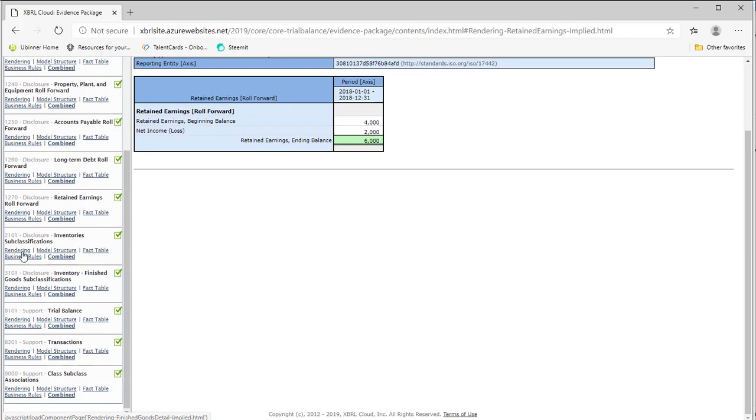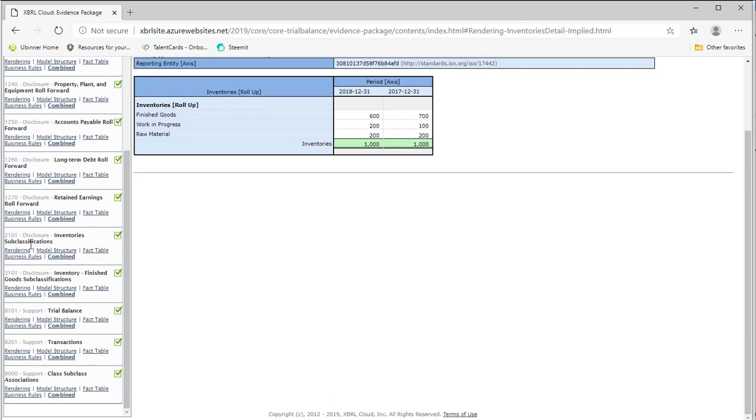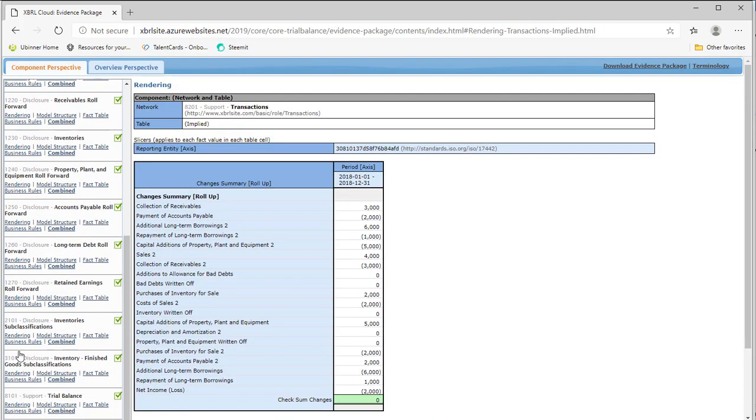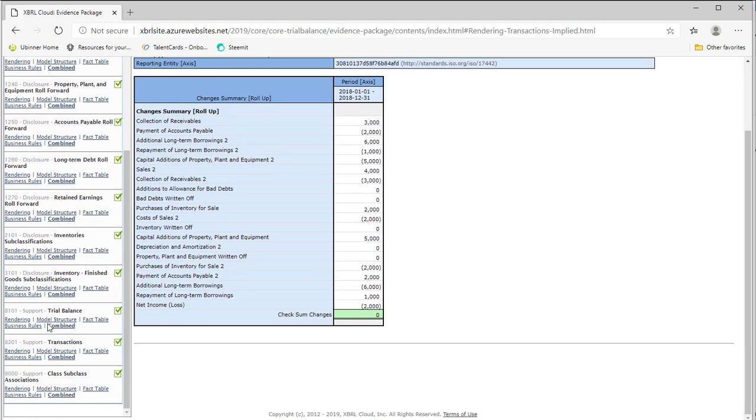Basically, this proves that this works. There's the trial balance. There's the transactions. And this is what this representation shows, that this is represented correctly.